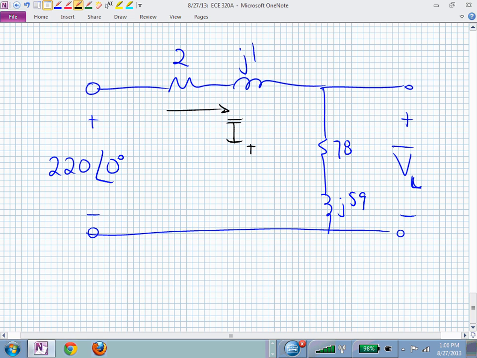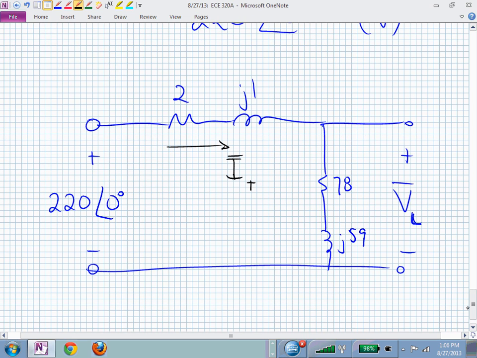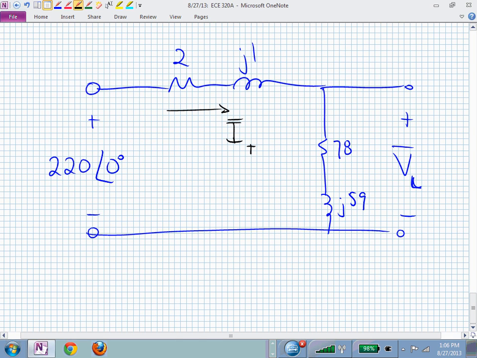Now we know that we could simply add up all of our impedances. Well, let's go ahead and kind of play through this. I don't even have my calculated value, so now I'm getting nervous, right? But we know that V sub L is going to be what?